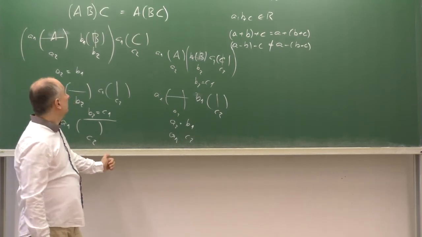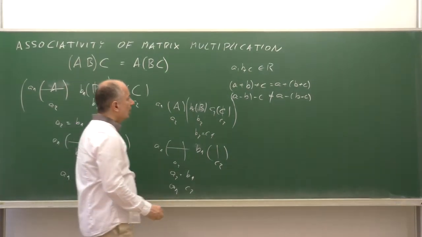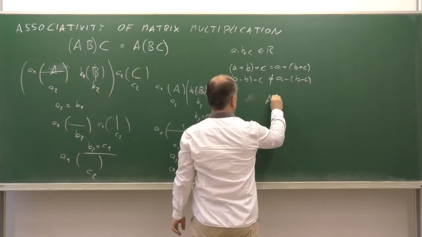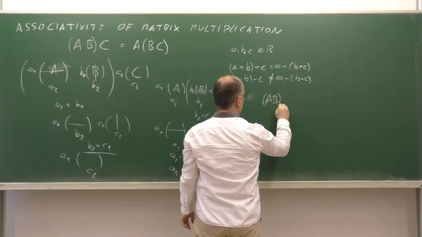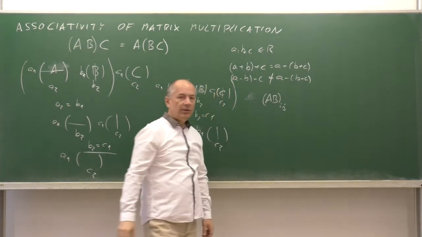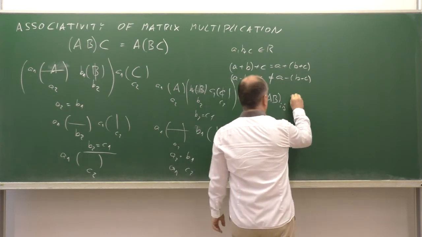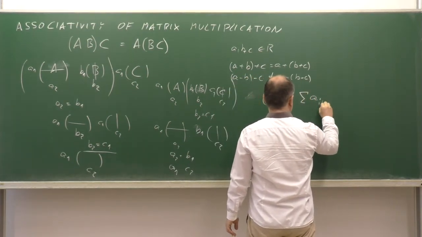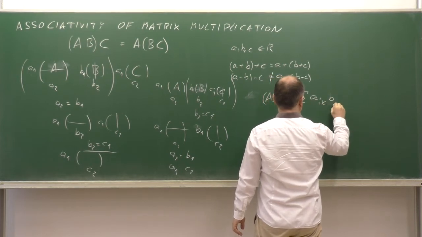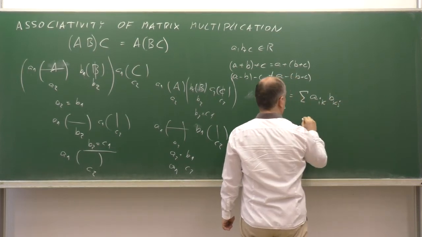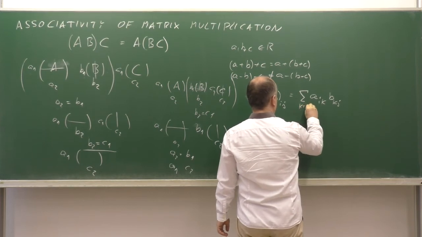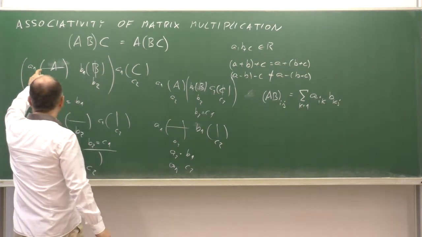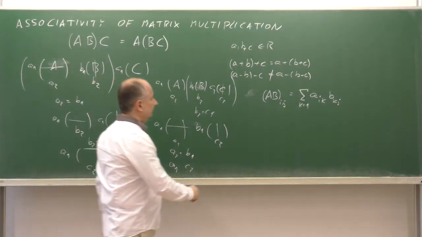But what about the results? On the left, first we have AB, and this is a matrix with elements ij being the sum of A_ik B_kj, where k runs from 1 to A2.